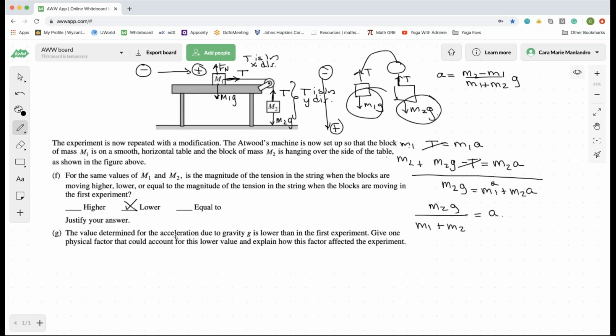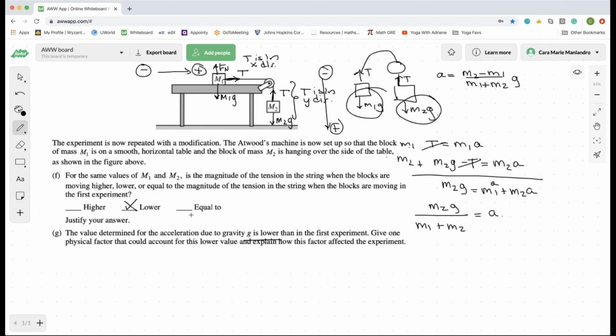All right. So then last question here. The value determined for the acceleration due to gravity is lower than the first experiment. Give one physical factor that could lead to this. So what's different about this situation than the other one?